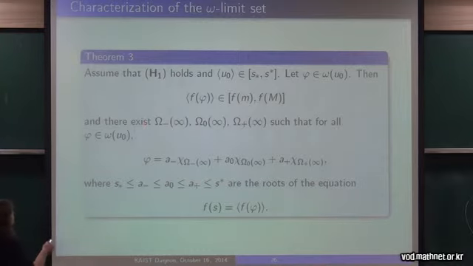And there exist subdomains omega minus of infinity, omega naught of infinity, omega plus of infinity, such that, as I have shown you before, phi takes the three values A minus, A naught, and A plus. Again, those values are the roots of the equation f of s equals average of f of phi.